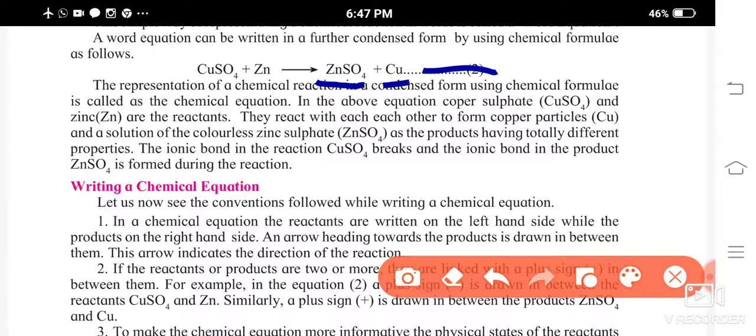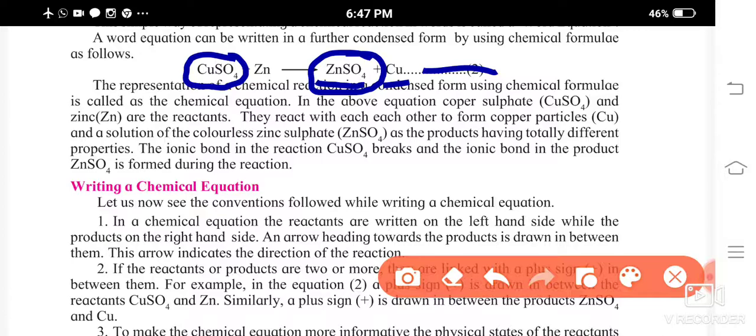During the chemical reaction, the ionic bond between copper and sulfate is going to break, and the ionic bond between zinc and sulfate is going to form. So copper sulfate will form zinc sulfate. This zinc sulfate is colorless, and copper sulfate was blue in color.